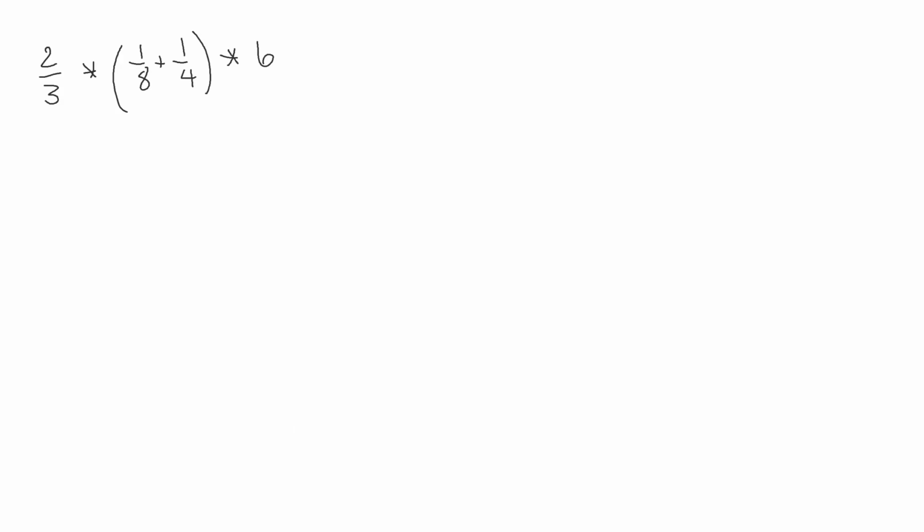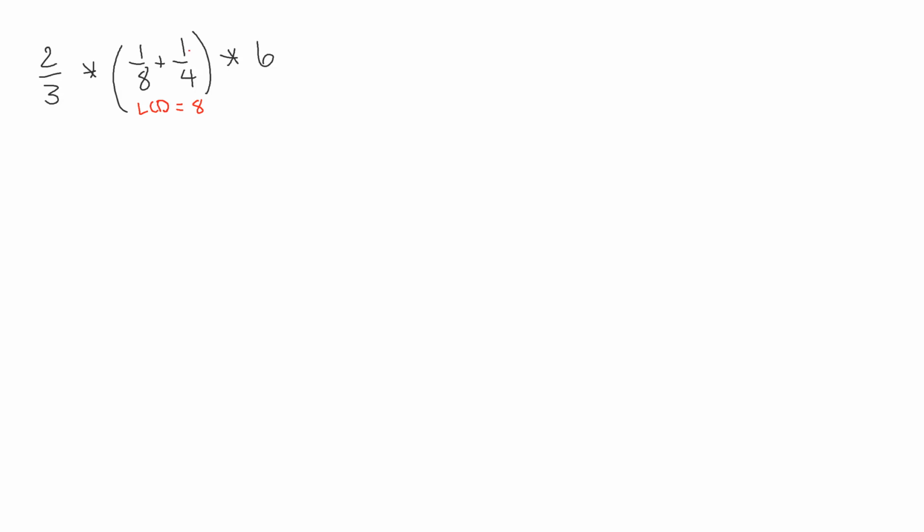So looking just inside the parentheses, I need to find an LCD for 1/8 and 1/4, okay? And I just so happen to notice that 4 divides into 8 evenly. So that means the LCD here is 8. I don't have to rewrite 1/8, but I do need to rewrite 1/4, okay?